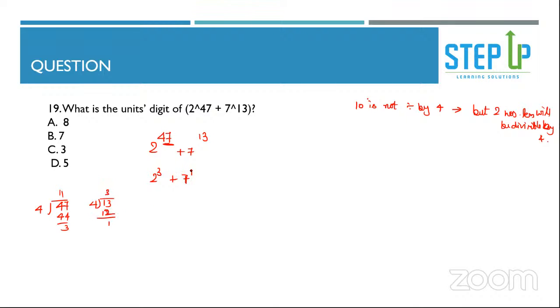So 7 to the power 1. 2 to the power 3 is 8. And 7 to the power 1 is 7. 8 plus 7 is 15. So the answer is 5. All right.